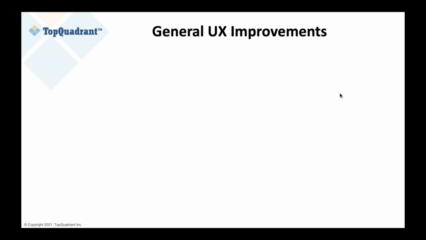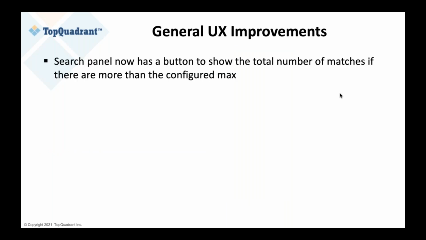Now on to the general user interface improvements. We have improved the search panel in situations where the number of search results is greater than the default maximum. By default, what is shown is up to 1,000 results.